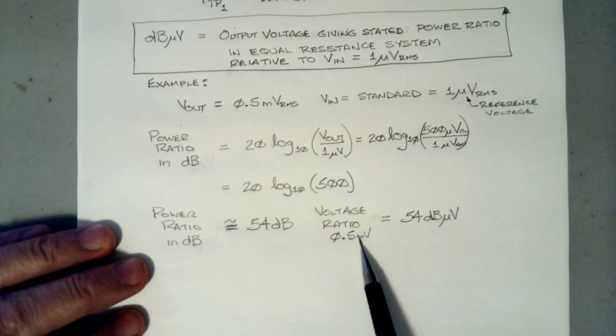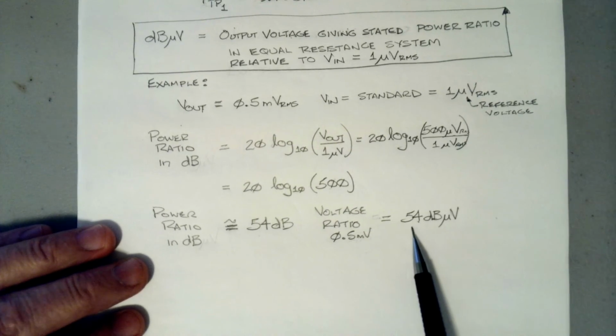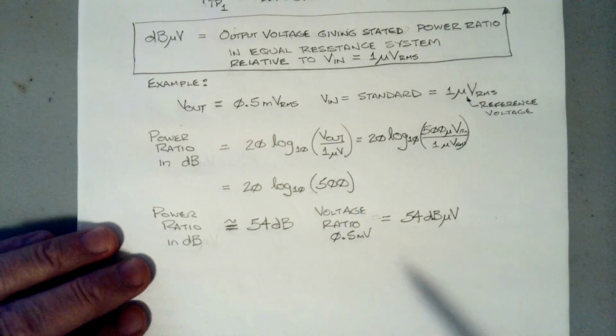And so they call 0.5 millivolt 54 dB microvolts.